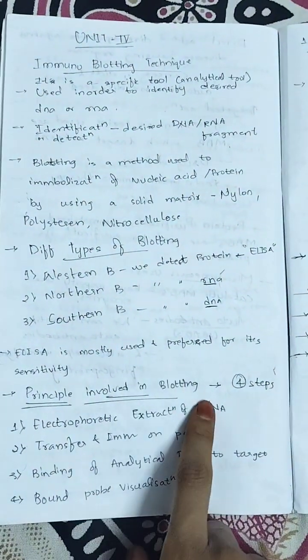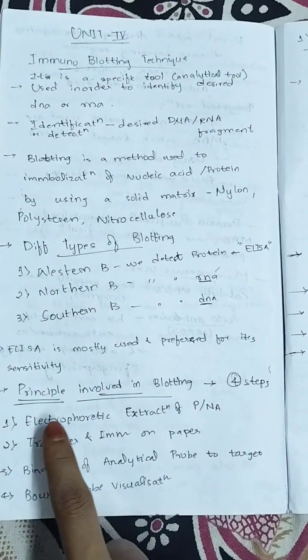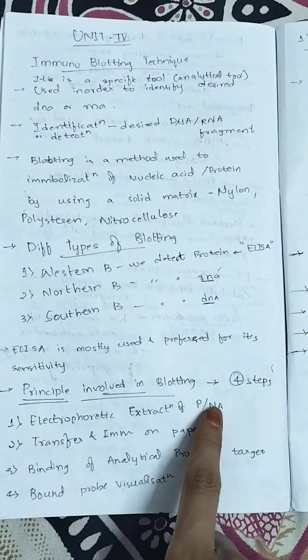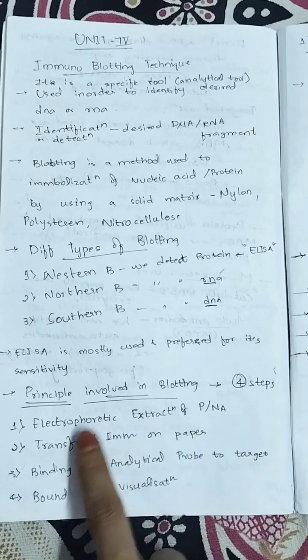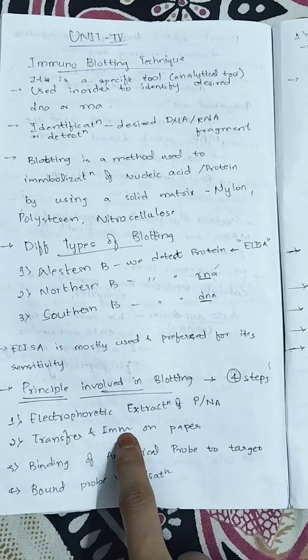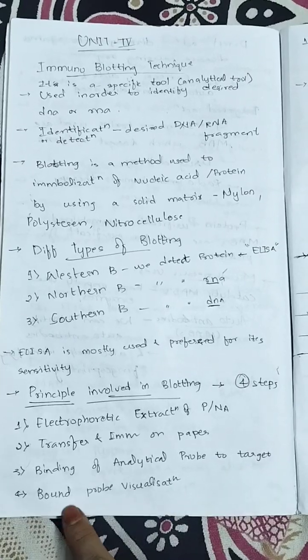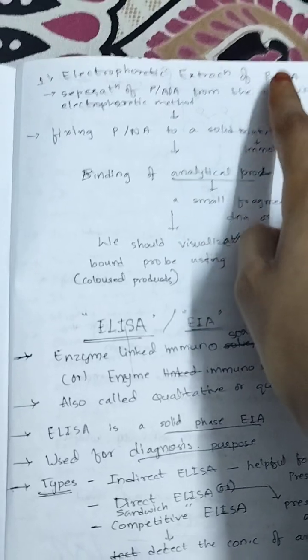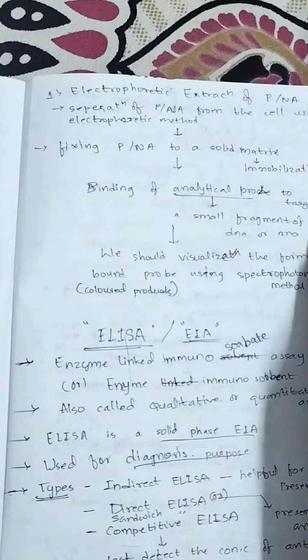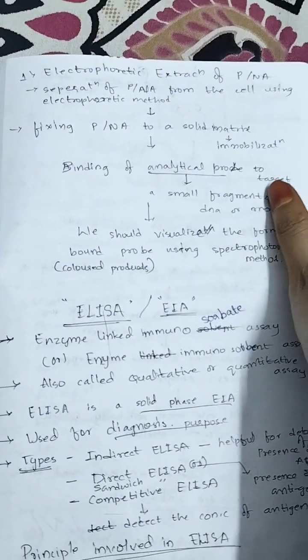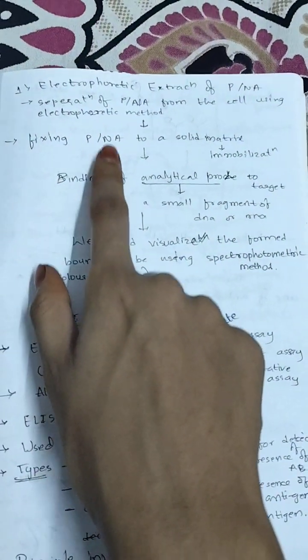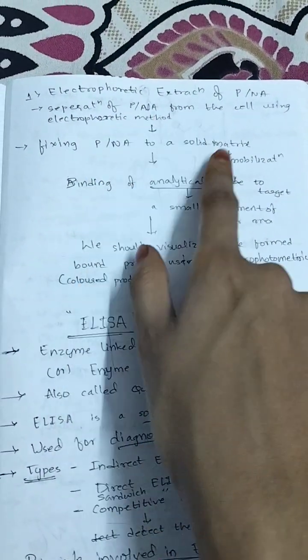Now, the principles involved in blotting: electrophoretic extraction of proteins or nucleic acids, transfer and immobilization on the paper, binding of analytical probe to target, and visualization of the bound probe. Proteins or nucleic acids are first extracted using the electrophoretic method. The extracted proteins or nucleic acids are fixed to the solid matrix.